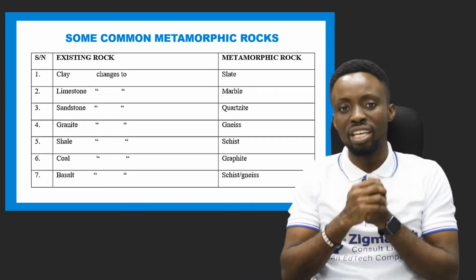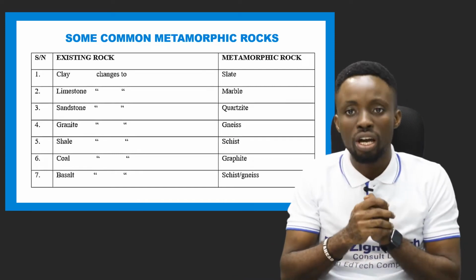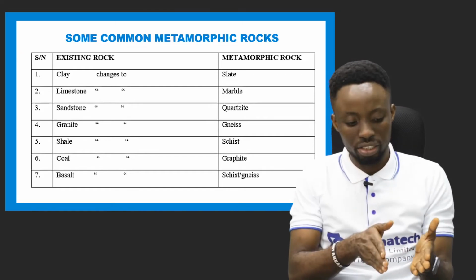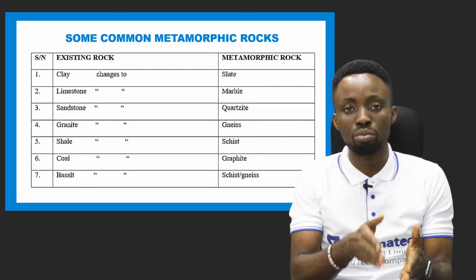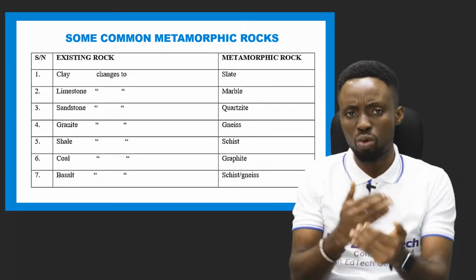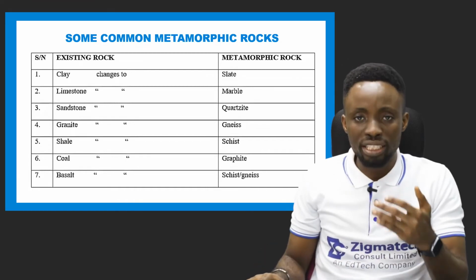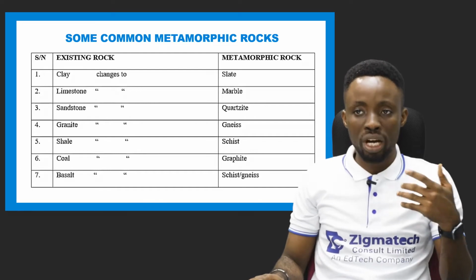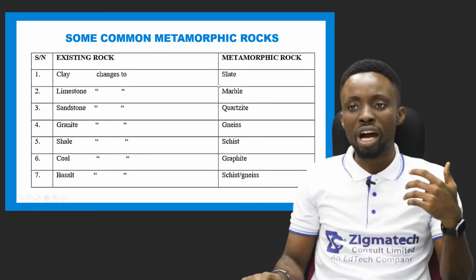So here we have the existing rock, and after the intense heat and intense pressure, we'll have a new type of rock being formed. So let's look at them one after the other. Now, if you look at clay, when clay is being transformed to a metamorphic rock, we end up having a slate.